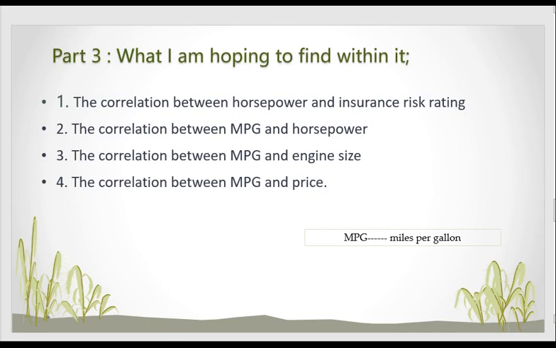So I want to use this dataset to check the general idea. And the third one is the correlation between miles per gallon and engine size. I think the larger the engine size, the higher the miles per gallon the car has.